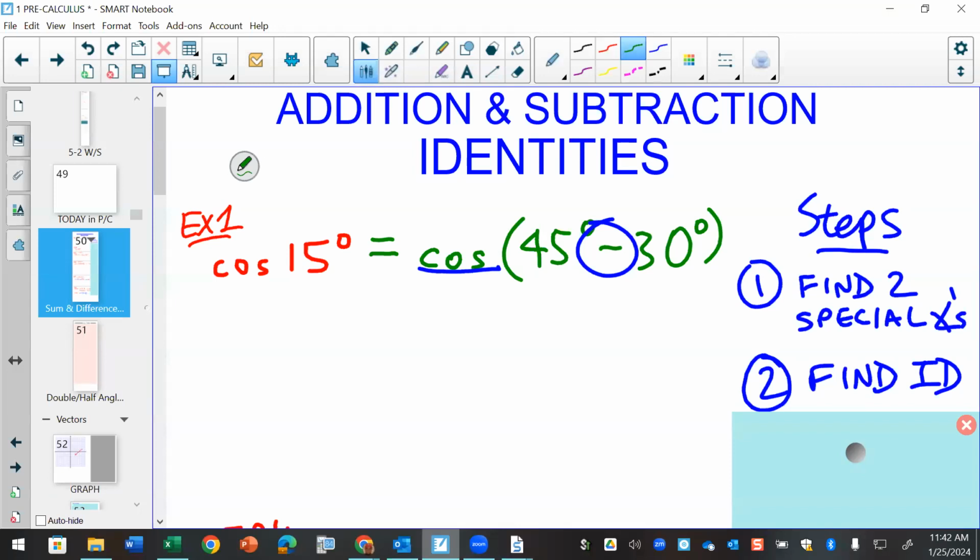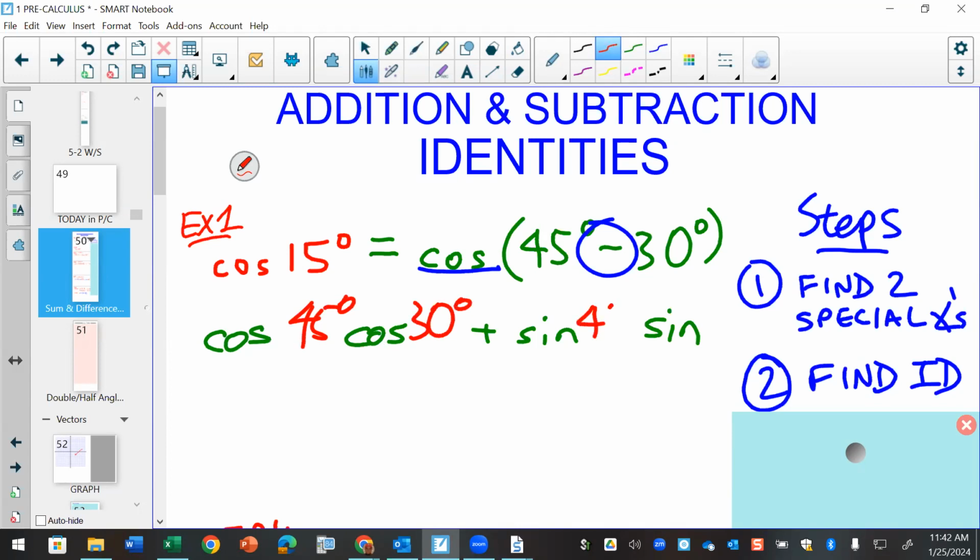Okay, so here it is. Cosine, sine, sine change, sine, sine. Fill in the 45s and the 30s. Okay, there we go.